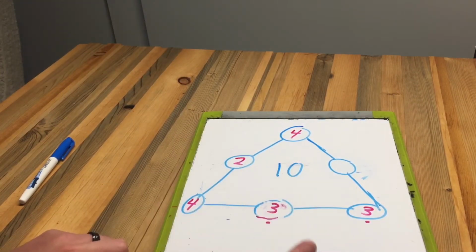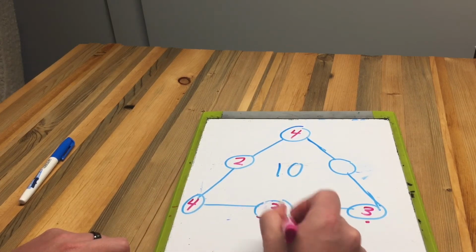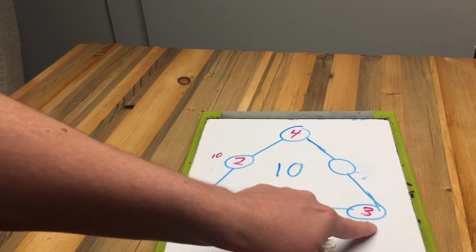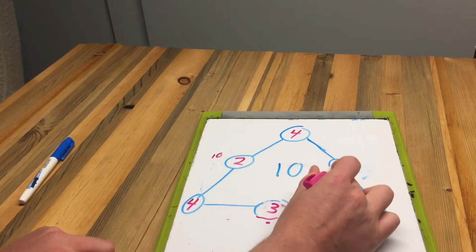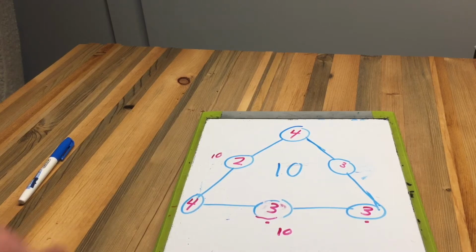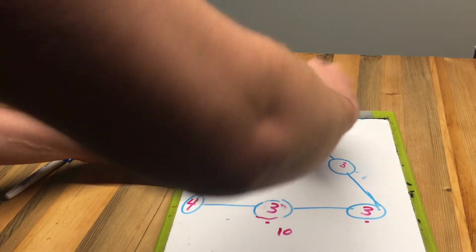Okay, but look what happens then. This side makes 10, this side makes 10, no problem. But I have a 4 and a 3, which means my third number is going to be a 3 again, and then this side and this side would be the same. But I don't want those to be the same.